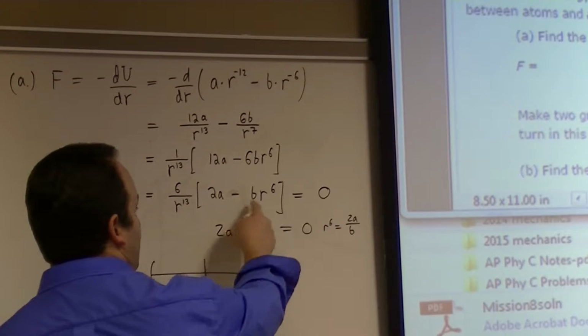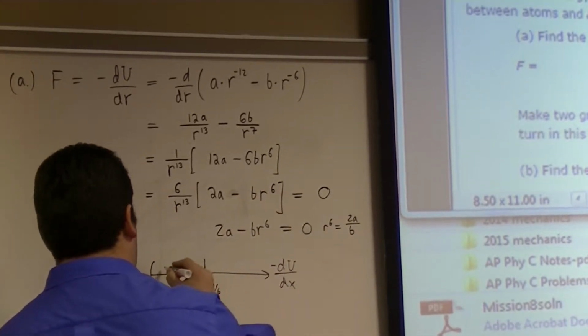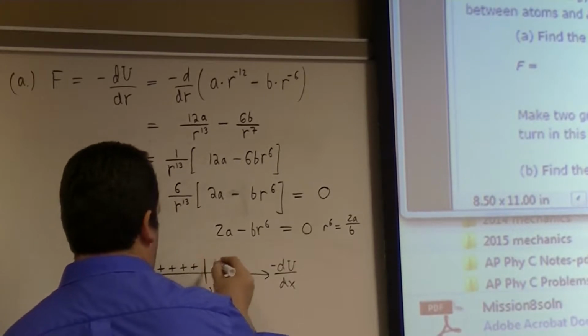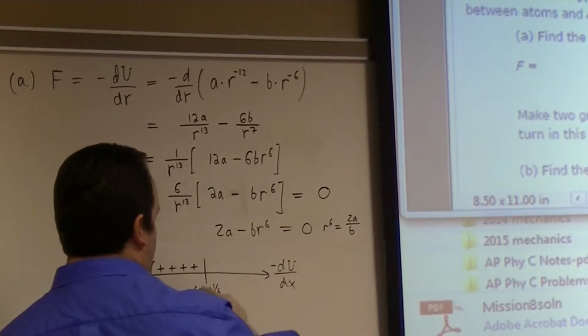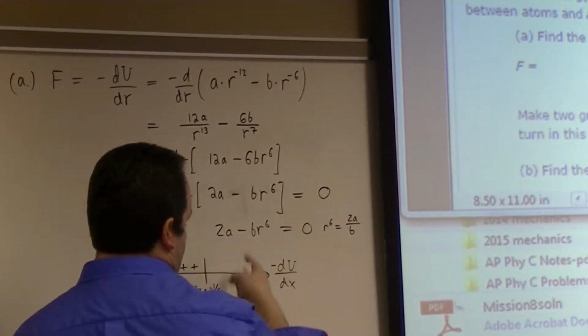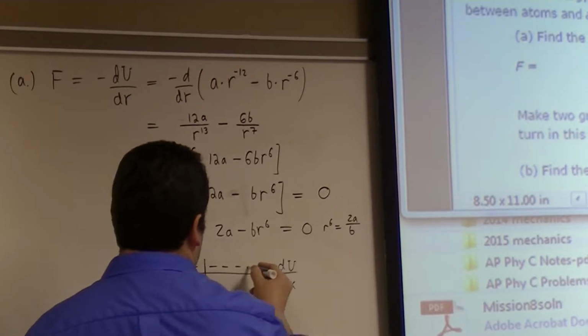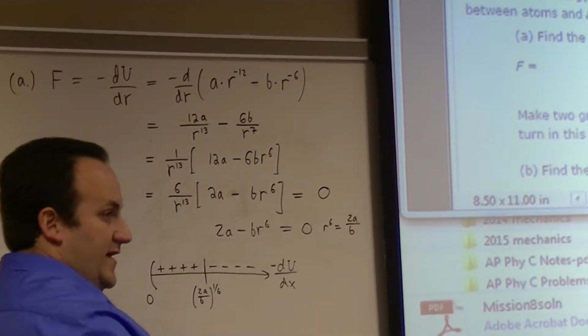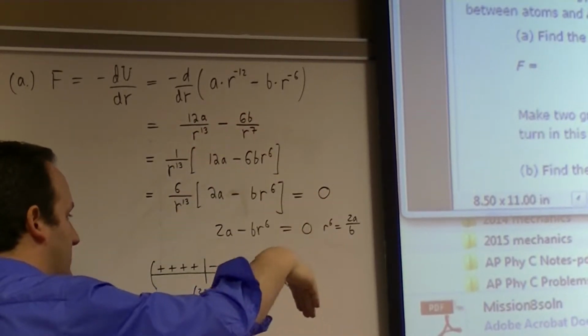I get 2 minus a. It's positive, right? And if I put something like the sixth root of 3a over b, then I get something negative, right? So that means you're increasing as you approach it from one side and decreasing on the other.